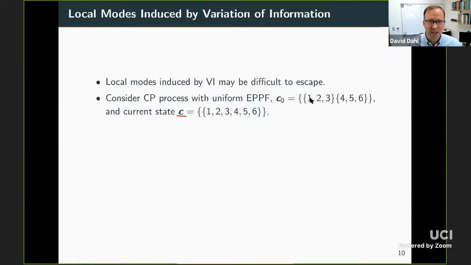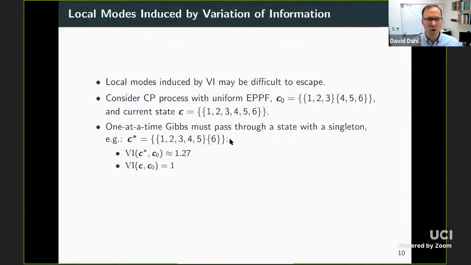As we go from a current state to the high probability state at the center, we may be required to go through a state of low probability, because the one-at-a-time Gibbs updates that we typically use in these partition models are such that the VI really penalizes singleton clusters.